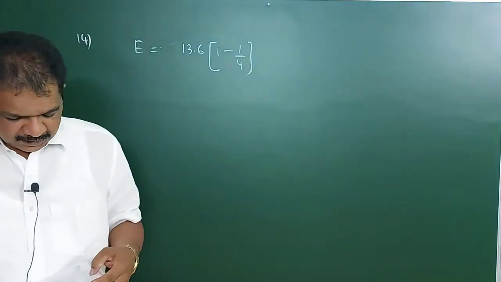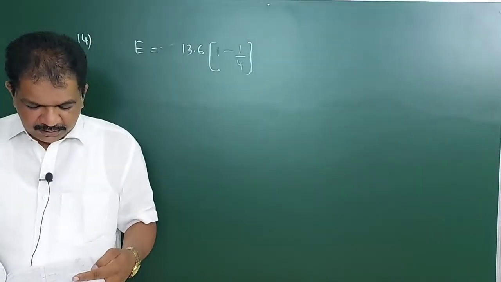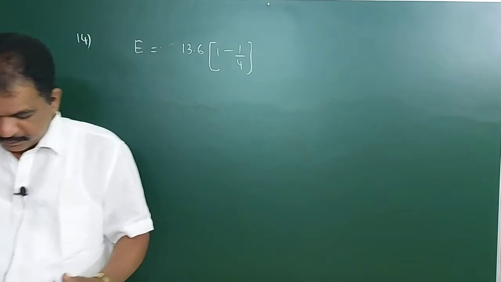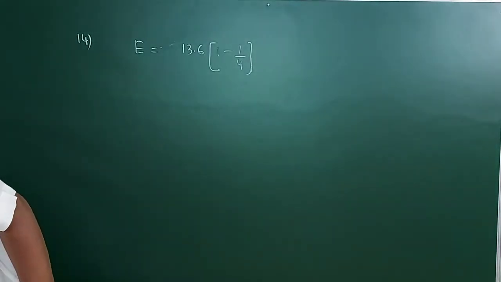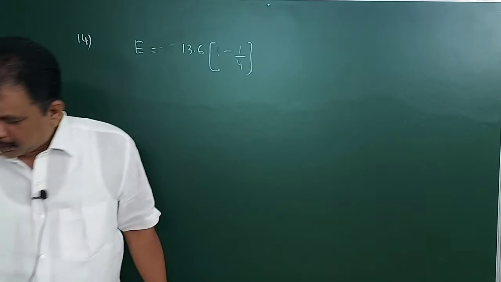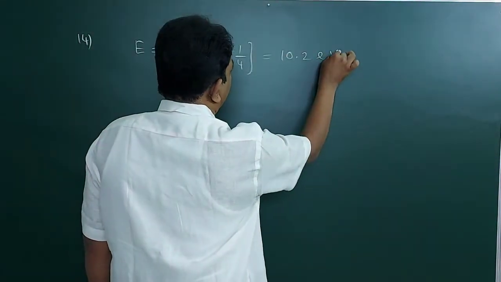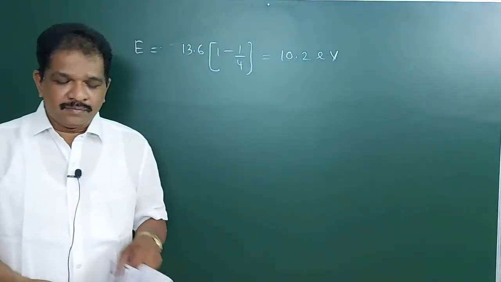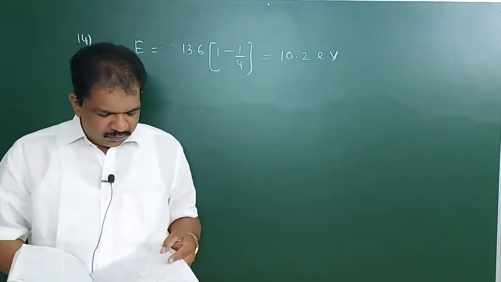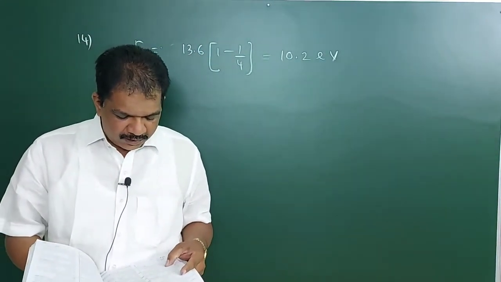So how much energy we will get in electron volt? This value will be 10.2 electron volt if we calculate. Okay, so 10.2 electron volts.